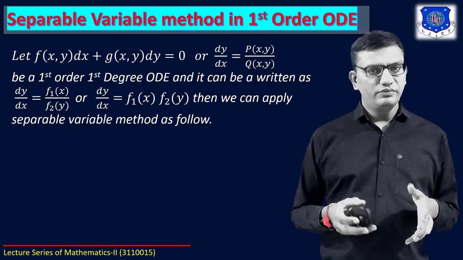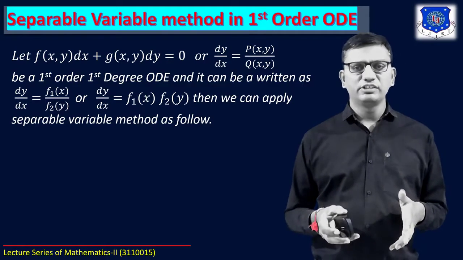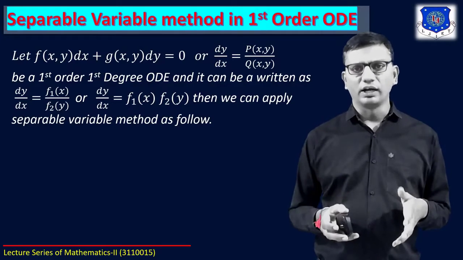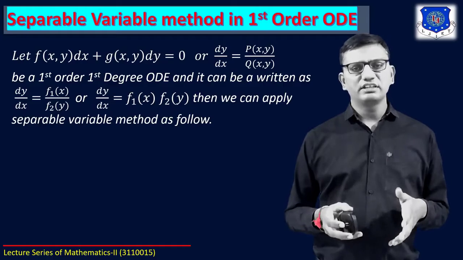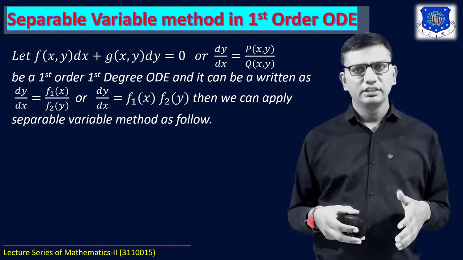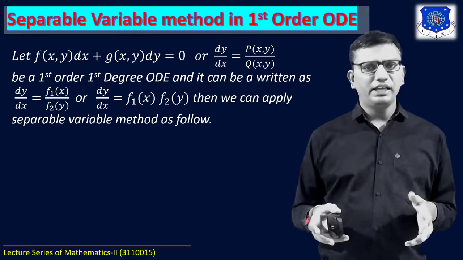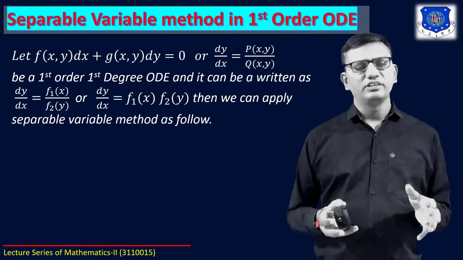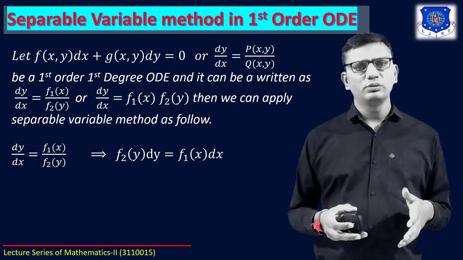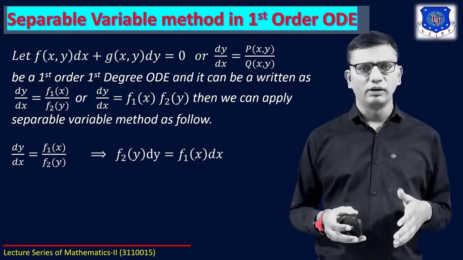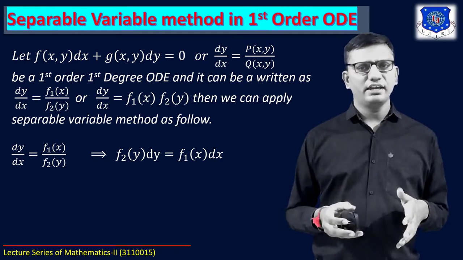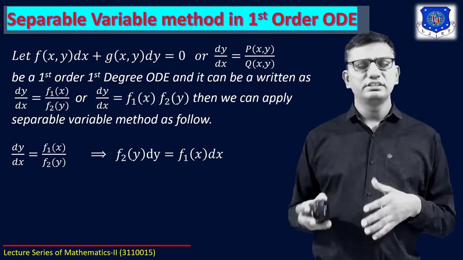Now if we can rewrite this differential equation as dy by dx equal to f1(x) upon f2(y) or dy by dx equal to f1(x) into f2(y), that means the variables are separated here, then we can apply the separable variable method as follows. If we are taking dy by dx equal to f1(x) upon f2(y), that implies it can be written as f2(y) dy equal to f1(x) dx.